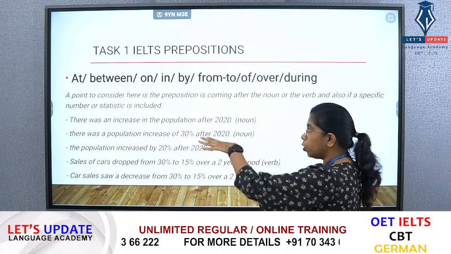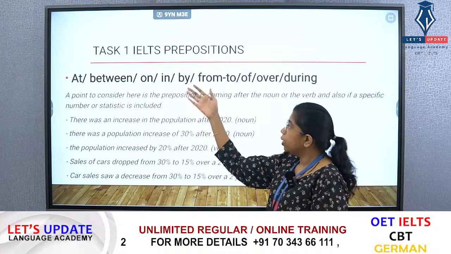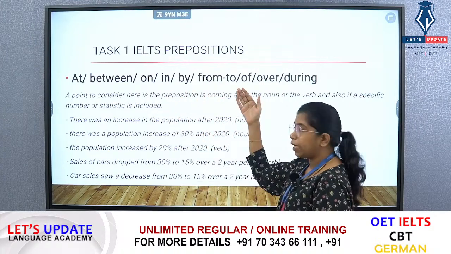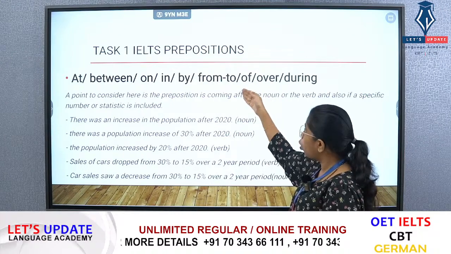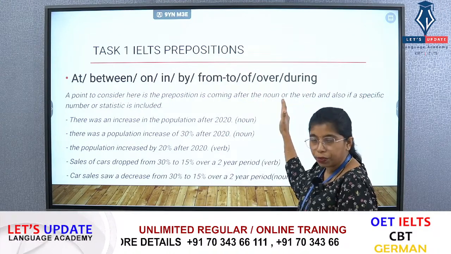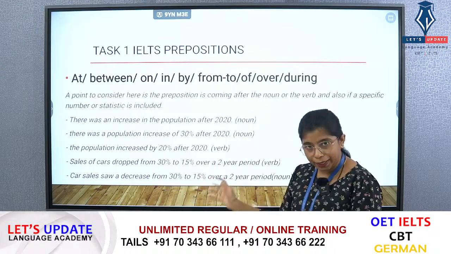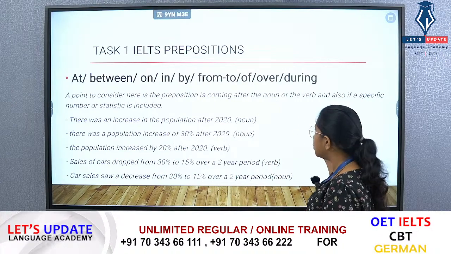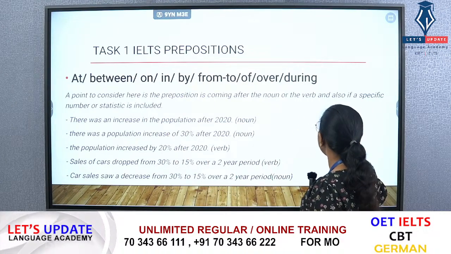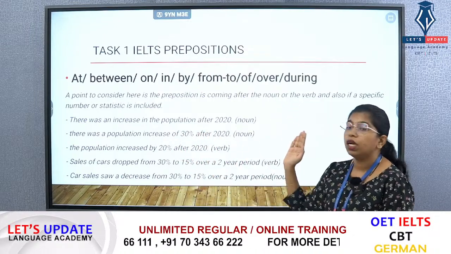Okay, so these are the common prepositions we use in our task 1: at, between, on, in, by, from, to, then of, over, during. Okay, so I'll give you some examples to make it more clear. A point to consider here is whether the preposition is coming after the noun or the verb, and also if a specific number or statistic is included.